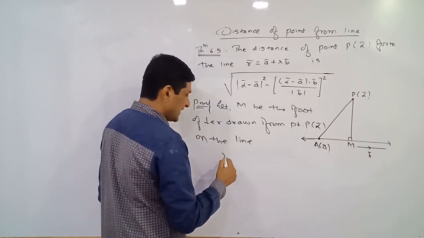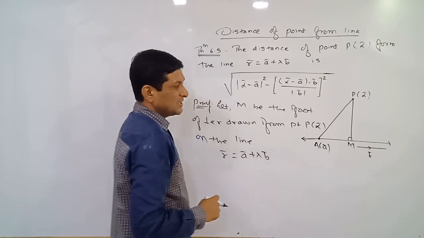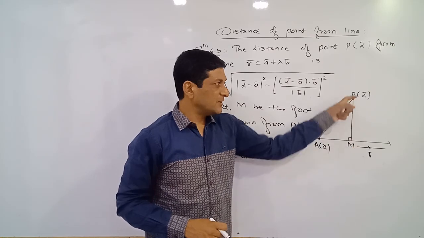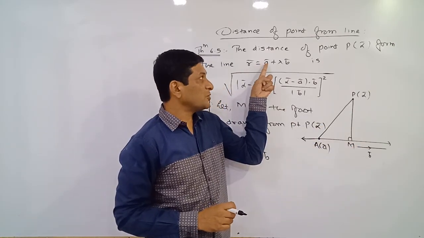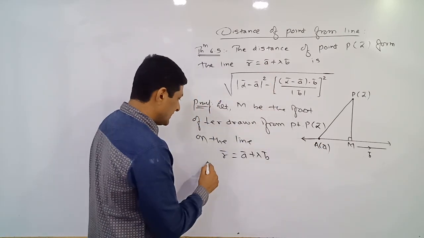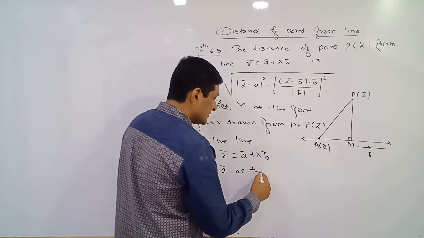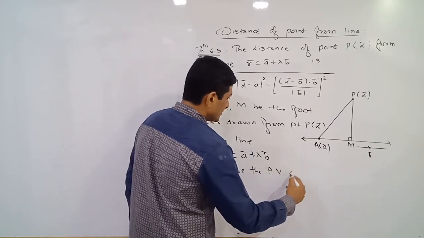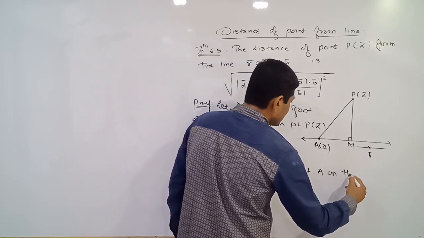The equation of the line is r bar equal to a bar plus lambda b bar. M is the foot of the perpendicular drawn from this point on this line. Now a bar is the position vector of a point on the line. I am denoting that point by A. So let a bar be the position vector of point A on the line.